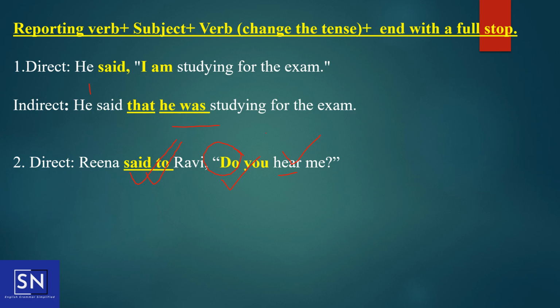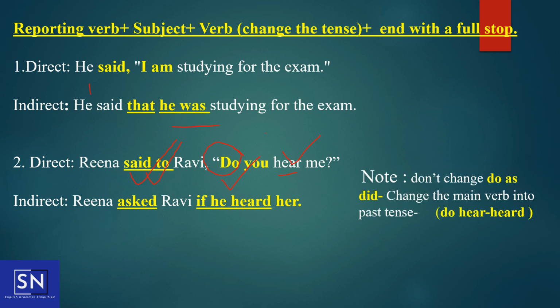So do here becomes heard. Note, don't change do to did. Change the main verb into past tense. Do hear, heard. Do wish, wished. Do complain, complained. Don't make the mistake of changing do into did whenever there is another main verb in a sentence.